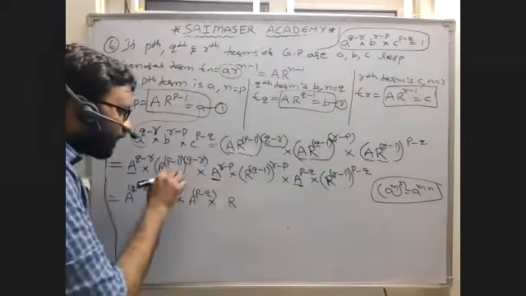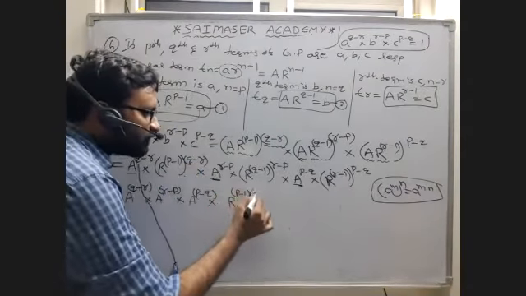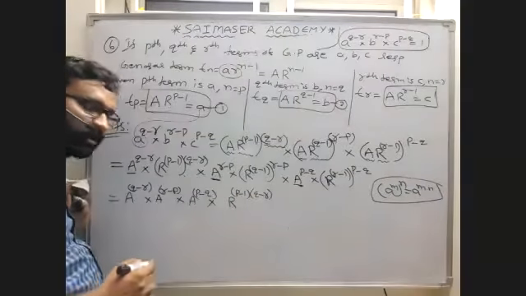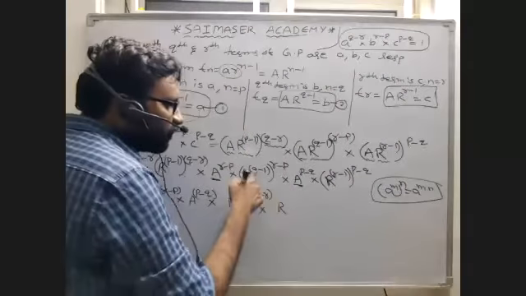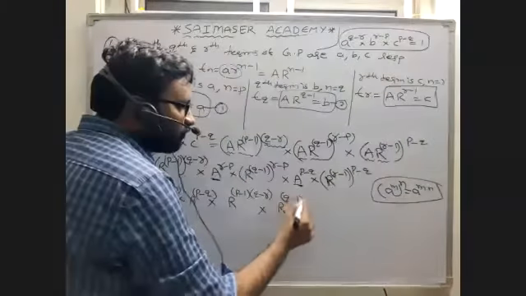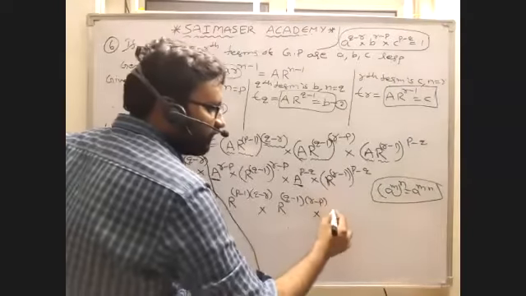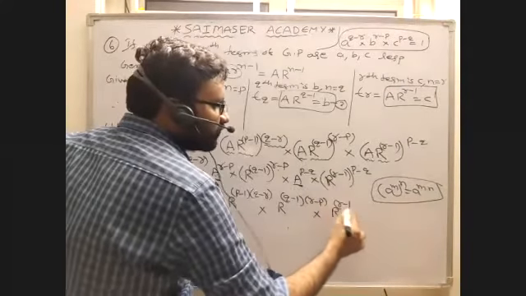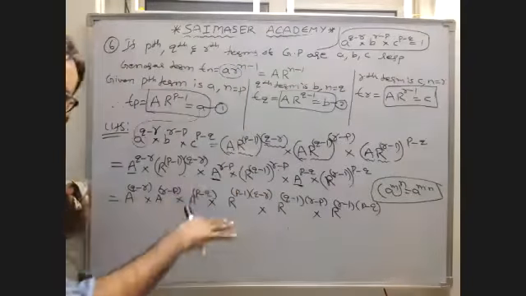That is r power (p minus 1) into (q minus r), into r power (q minus 1) into (r minus p), into r power (r minus 1) into (p minus q). I just simplified from this step to this step.